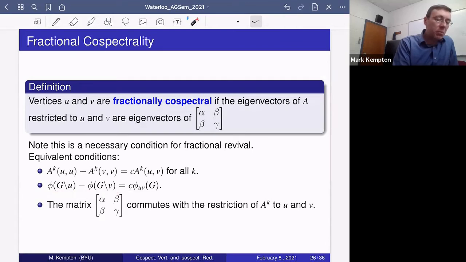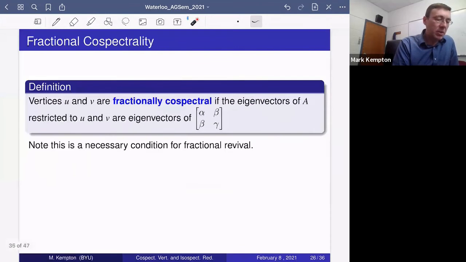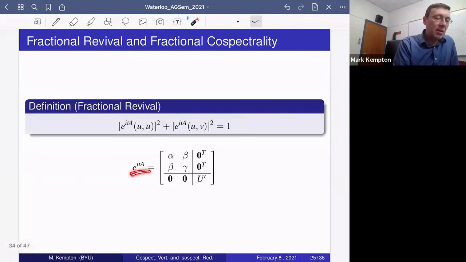And then, perhaps most importantly for what I'm going to say next, if they're fractionally cospectral, then the restriction of A to the k of my walk matrix to the vertices u and v always commutes with this block in the block decomposition of the e to the itA.